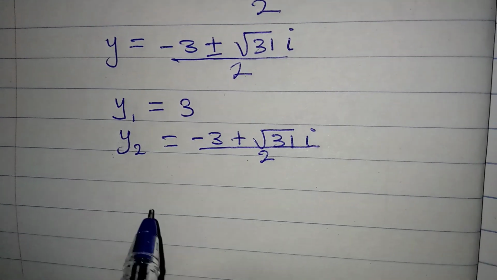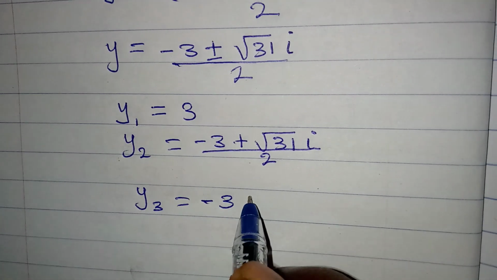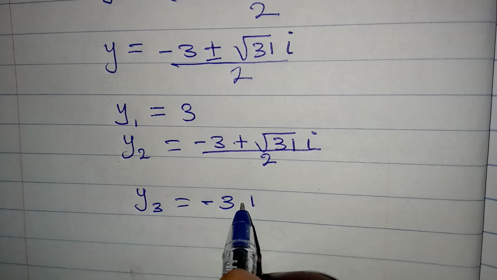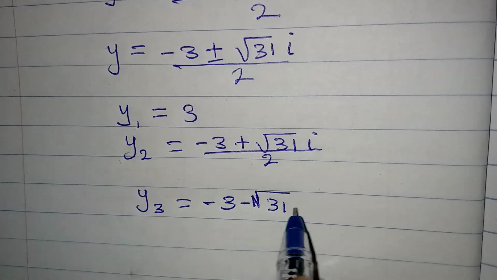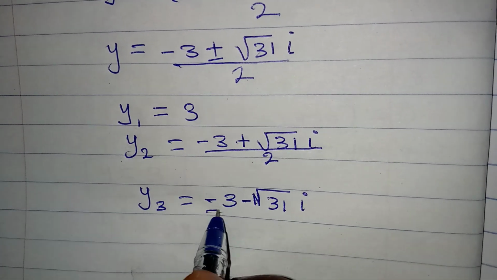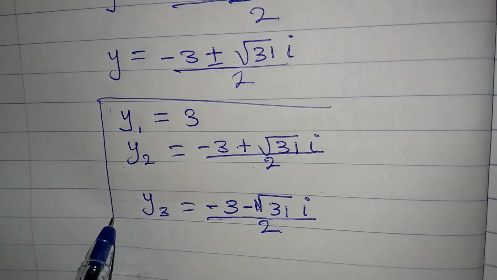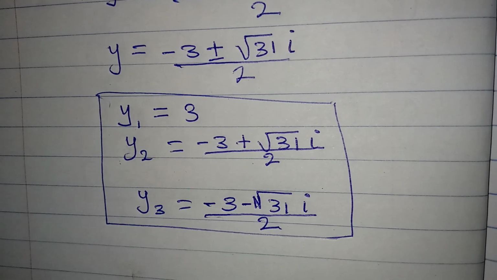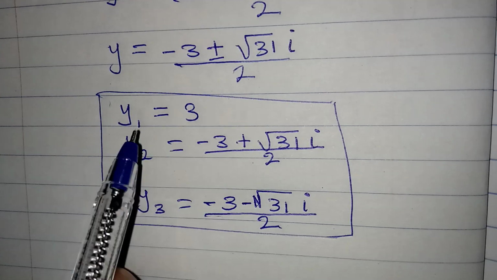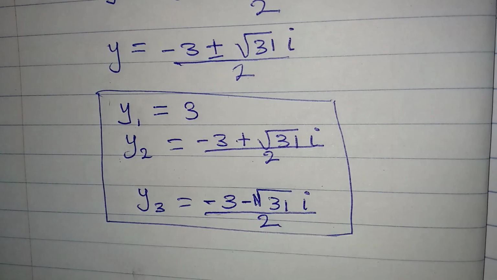Then y3 will be minus 3 minus square root of 31 i, over 2. So these are the three solutions for the equation. But remember that it is only y1 that is real. The others are not.